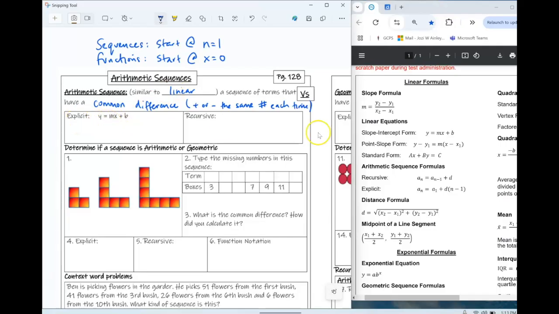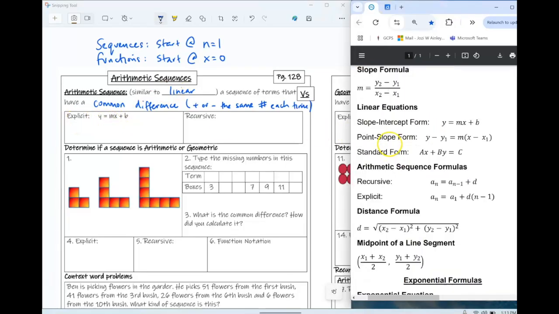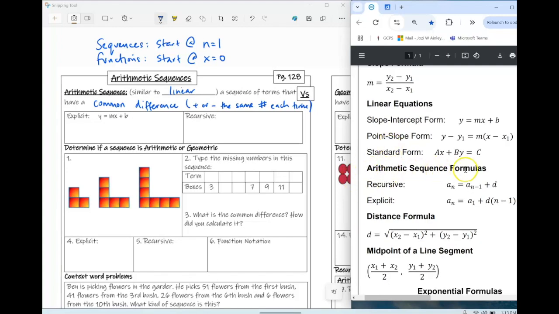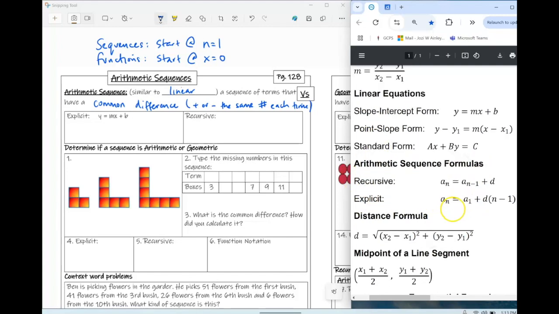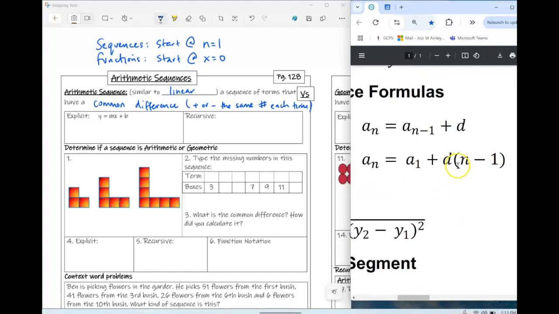All right, so let's write the explicit formula. If I come into the formula sheet, I'm looking for the arithmetic sequence formula, recursive, explicit. This is the equation that I'm writing. Let's copy that down: a sub n is equal to a sub 1 plus d times parentheses n minus 1.